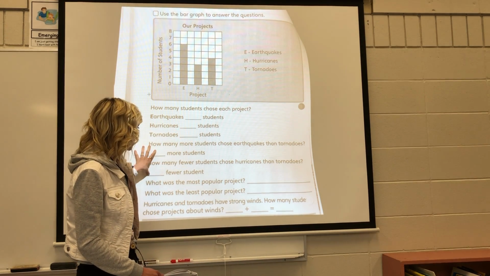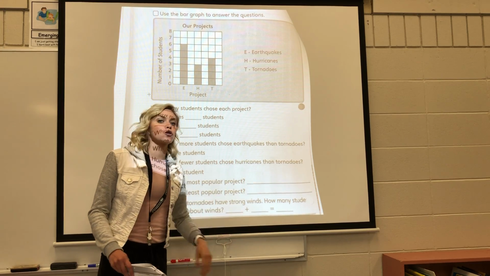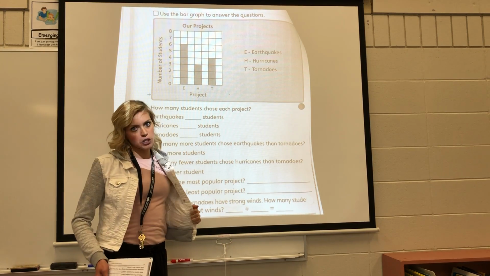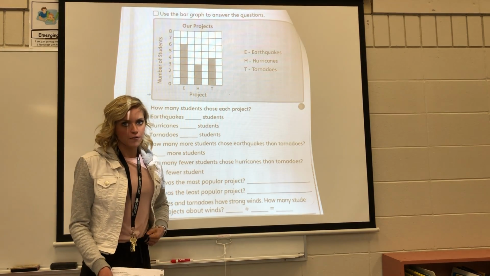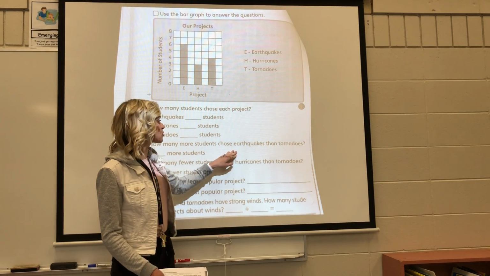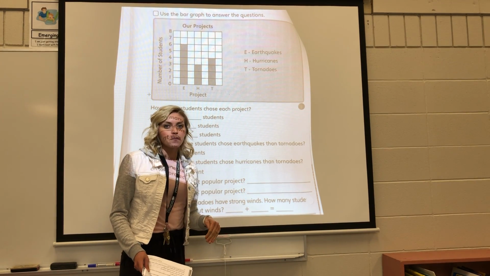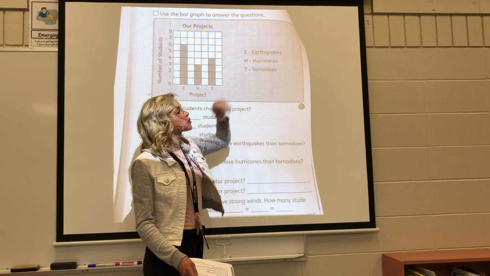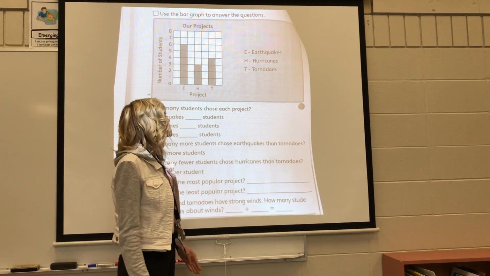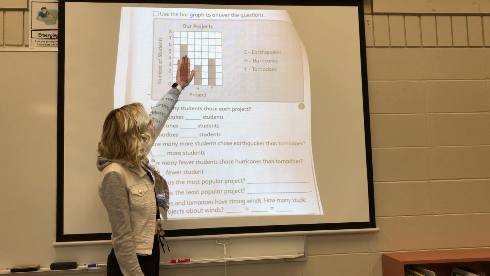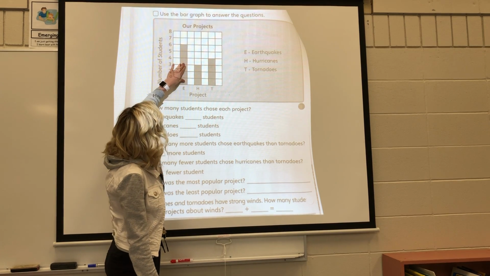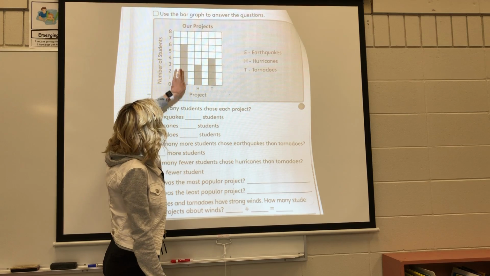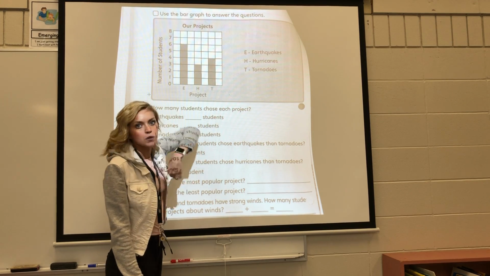And then we start getting into those more and less questions that we did for our pictographs. So this one says, how many more students chose earthquakes than tornadoes? We can look at our bar graph and say, okay, earthquakes, that's this bar, and tornadoes, this bar.